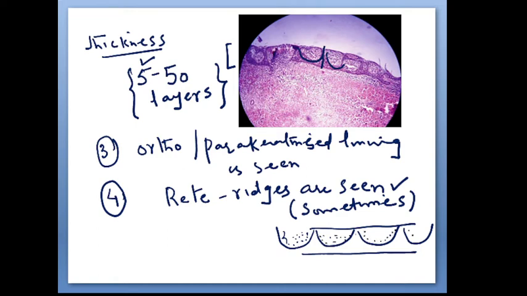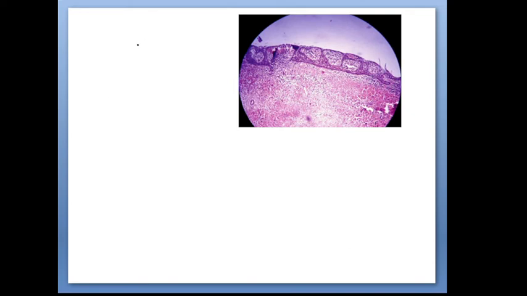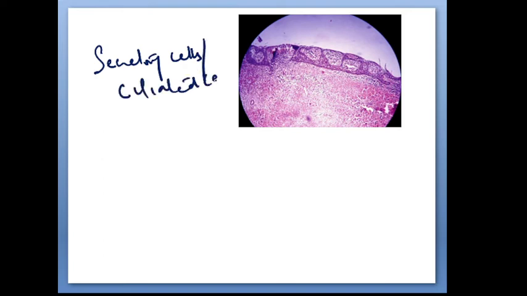This unusual proliferation leads to an arcading pattern of epithelium. Sometimes excretory cells or ciliated cells are found in this epithelial lining.